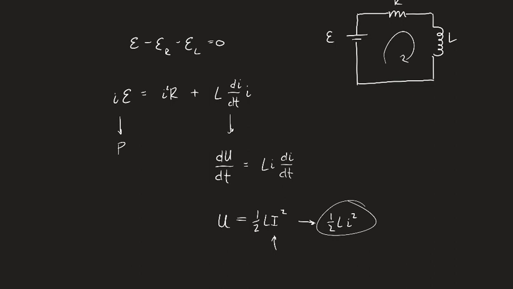So I don't think I need to write everything, but power, I squared R for a resistor, amount of energy stored in a capacitor, Q squared over 2C, or 1/2 CV squared. So our three circuit elements are three discussions about power usage or energy storage.